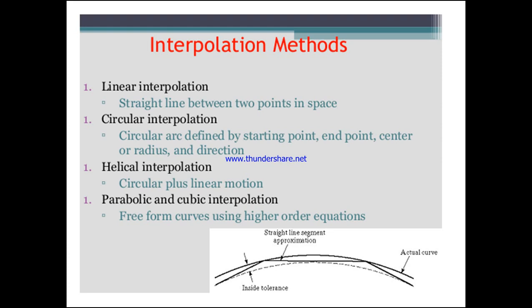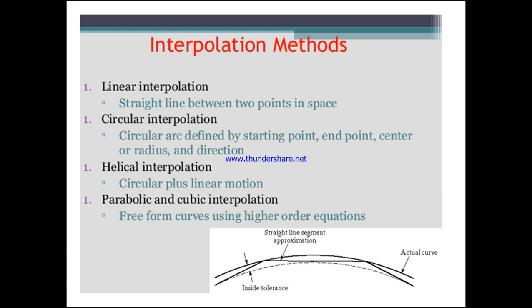Interpolation methods: we are having linear interpolation, circular interpolation, helical interpolation, parabolic. When we talk about linear interpolation, a straight line between two points in space, we can have linear interpolation. When we want a circular one, a circular arc is defined by a starting point, end point, center or radius, and direction. Helical interpolation is circular plus linear motions.